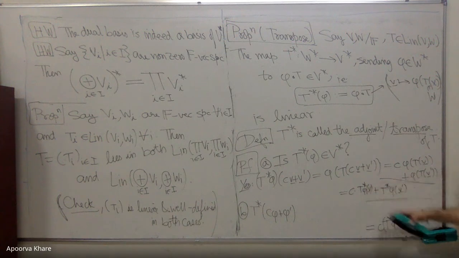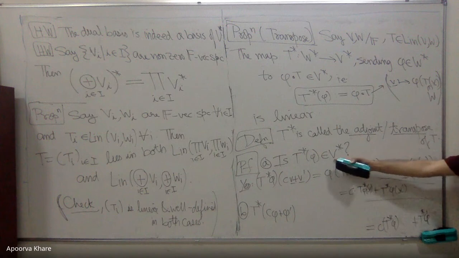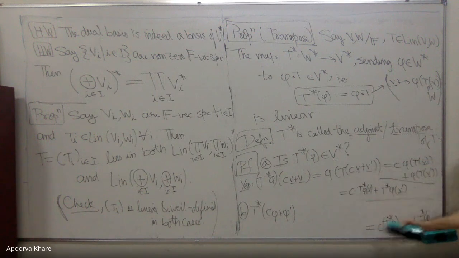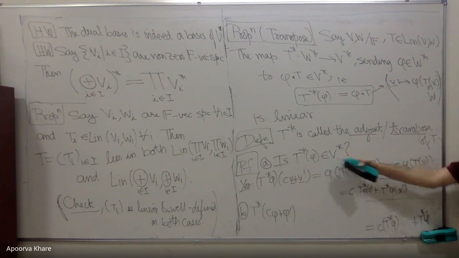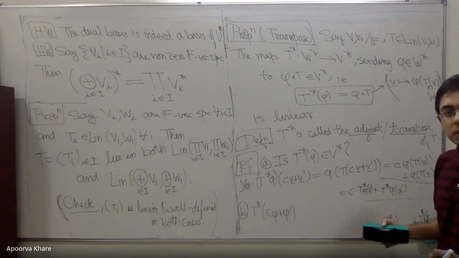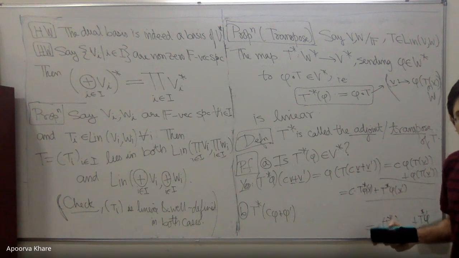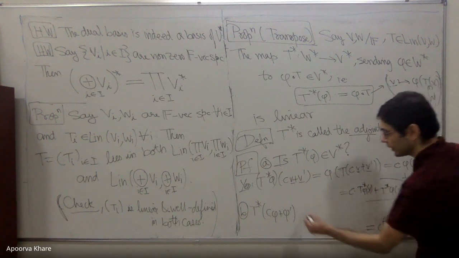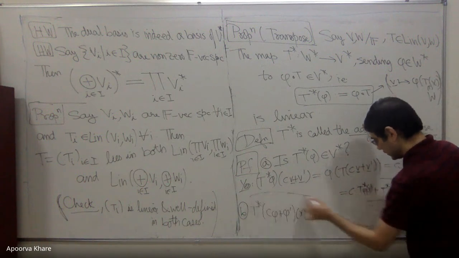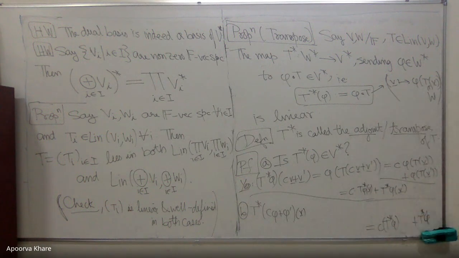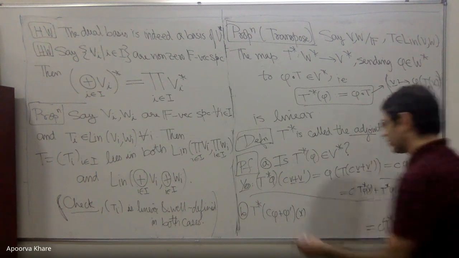These are all functions on V, and both are points in V star. To check that two functions on V are equal, you must compare at every single point in V. Let's start with this V. This is again obvious, but fine.